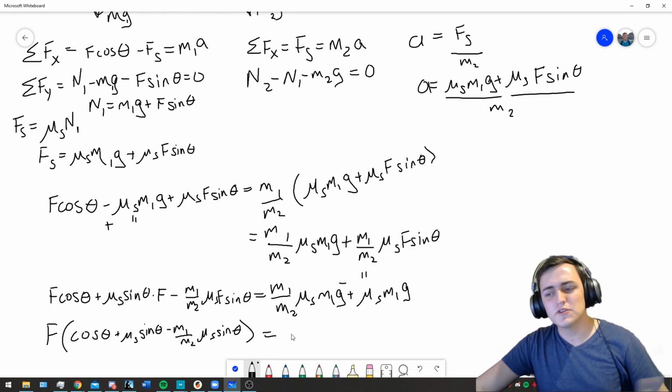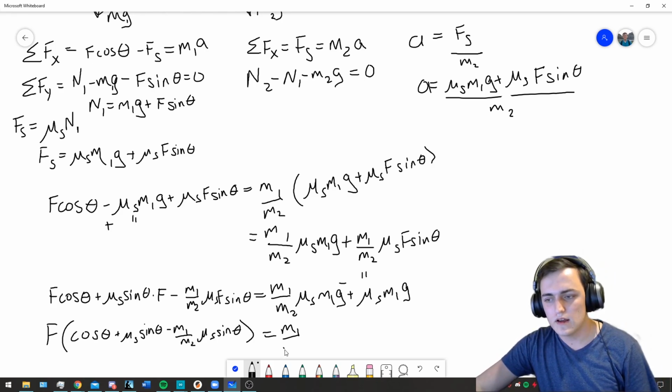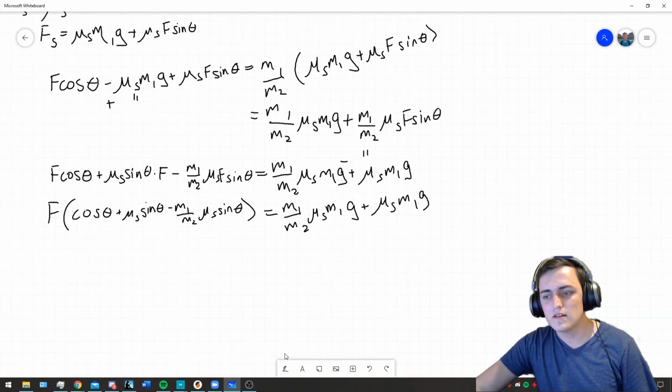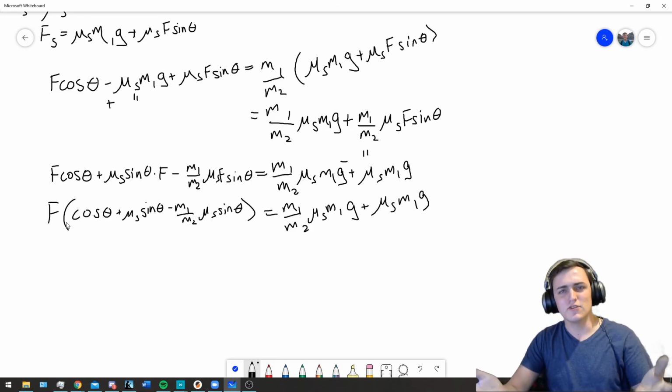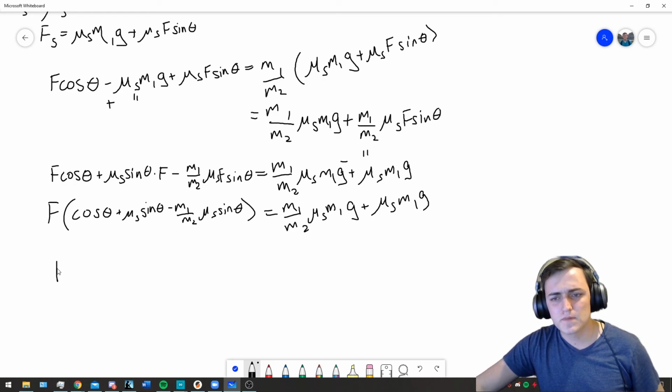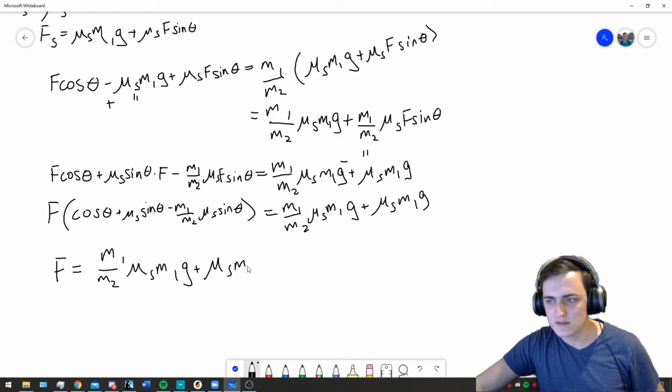So we're getting pretty close to a nicer expression. And there may be some algebraic missteps in the solution to this problem. And if there are, don't worry, the final expression will be correct. As long as you arrive at the same final answer, your work is correct. So we get f equals m1 over m2 times mu sub s m1g plus mu sub s m1g.